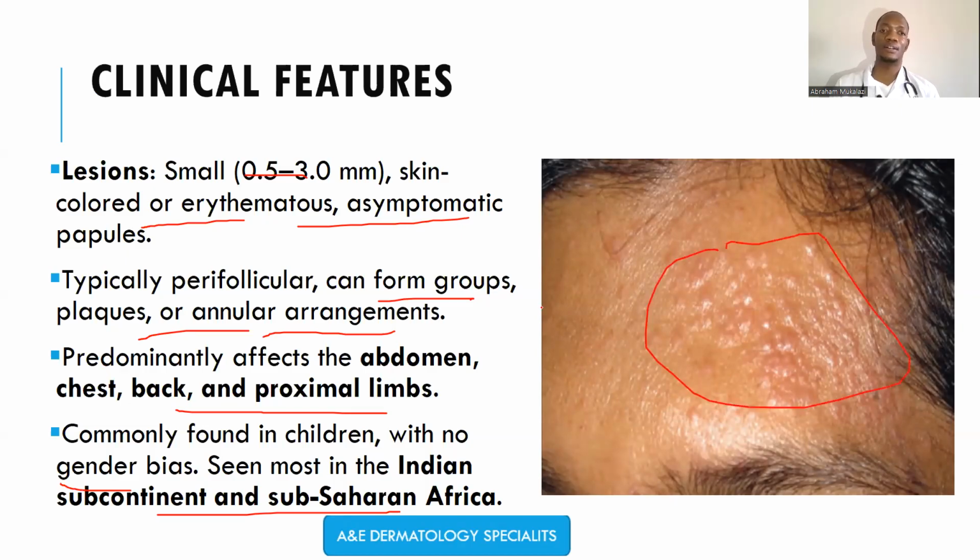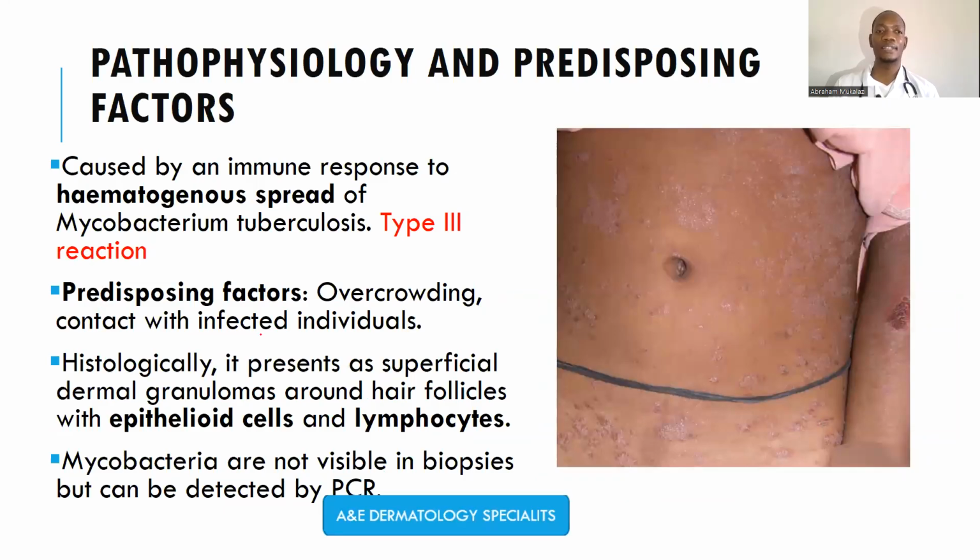Sometimes it can also present like secondary syphilis, as you can see in this picture. So when you see this picture and someone has TB, you can think about an id reaction coming from TB. As we said earlier, this is a type 3 hypersensitivity reaction, and it is thought to be due to hematogenous spread of the tuberculosis into the skin, triggering an immune response in the skin.